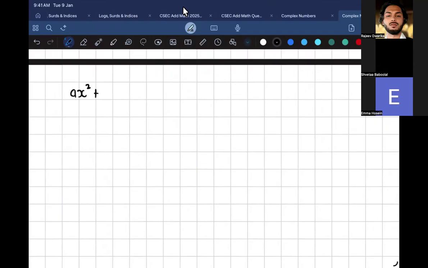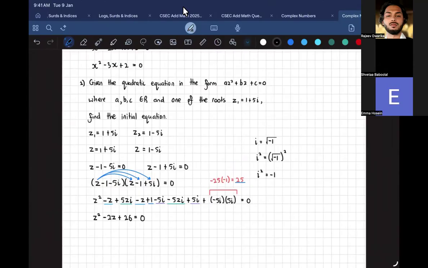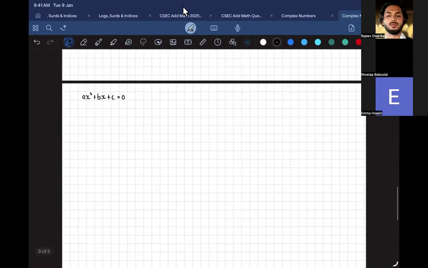Ax squared. Wait, is that when you substitute the whole complex number into x? Are you talking about the sum and product of roots? No, I don't think I did it. I don't remember doing that with Miss. Okay, well, you will see it here.